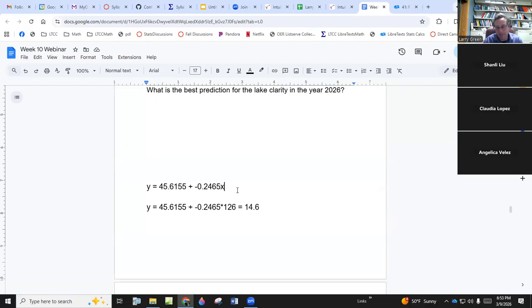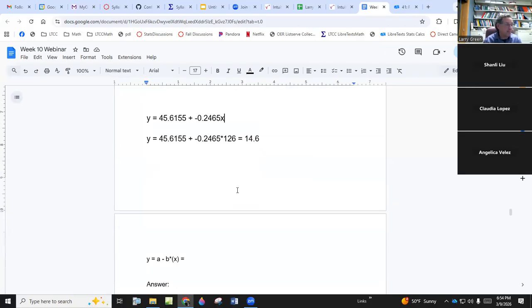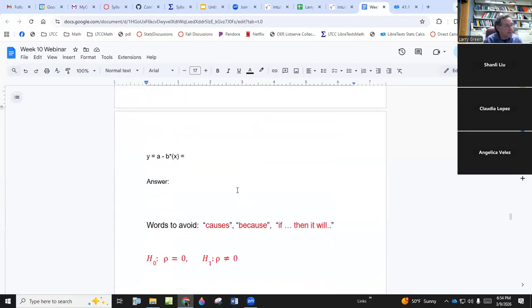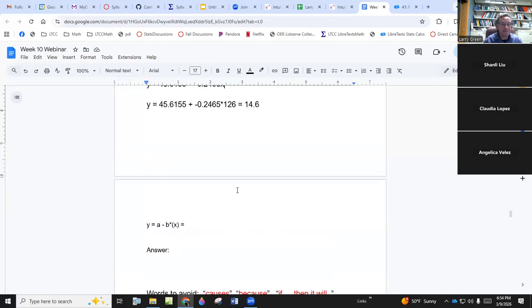And the President and Congress said, we can't let this happen. We can't let lake clarity keep going worse and worse in Tahoe. That would be an environmental disaster. So what they did then is they passed a law and they put in a lot of funding to help. And I'll talk about that in a bit.